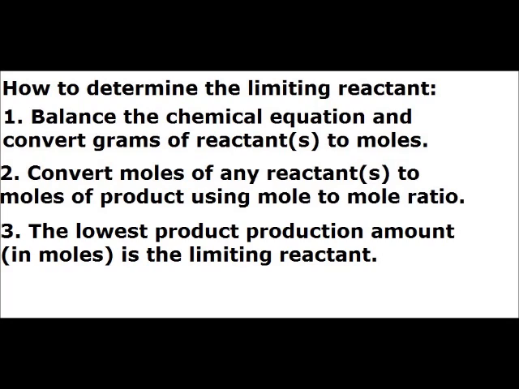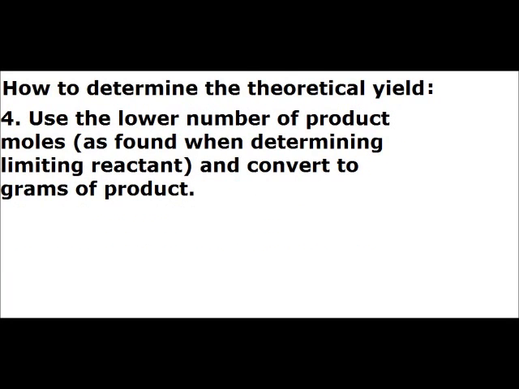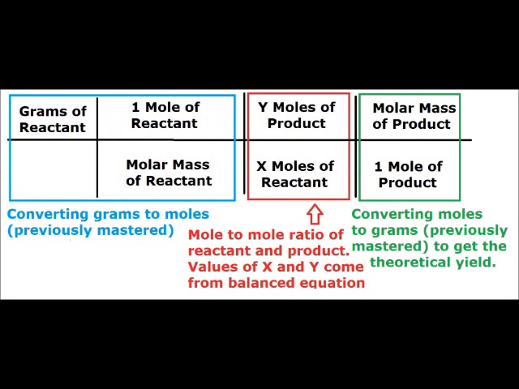The next thing we want to talk about is theoretical yield. For theoretical yield, you're going to extend this one step further. You're going to use the lower number of product moles, so whichever moles came out for your limiting reactant, and convert that into grams of your product. So this is a molecular weight conversion from moles of product into grams of product. Once you've done that, that's your theoretical yield.